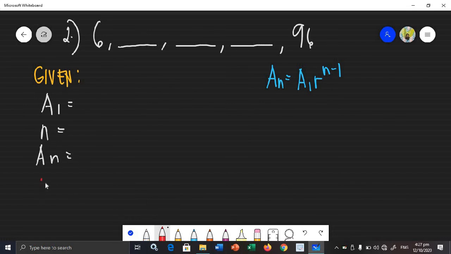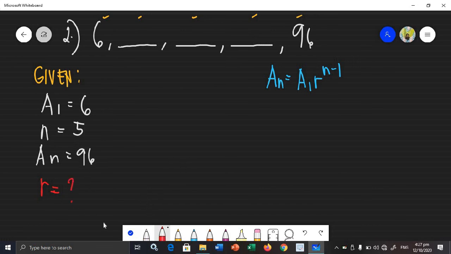And we are looking for the value of the common ratio for us to be able to solve the means of the geometric sequence. So, a sub 1 is 6, yan, according to sequence. Your n is the number of terms, okay? So, 1, 2, 3, 4, 5. 5. A sub n is the last term in the sequence, so 96.